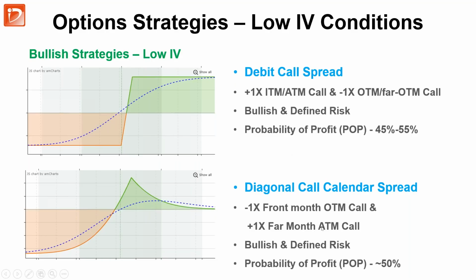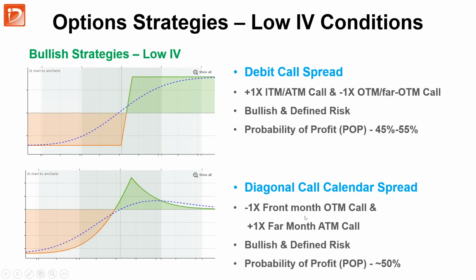So this is the bullish and defined risk strategy, and the probability of profit is around 50%. Why this should be done at low IV is because the far month is the one we are buying. When the IV increases, because we are doing it at low IV, this has a disproportionate positive effect on the far month call option compared to the near month call option.